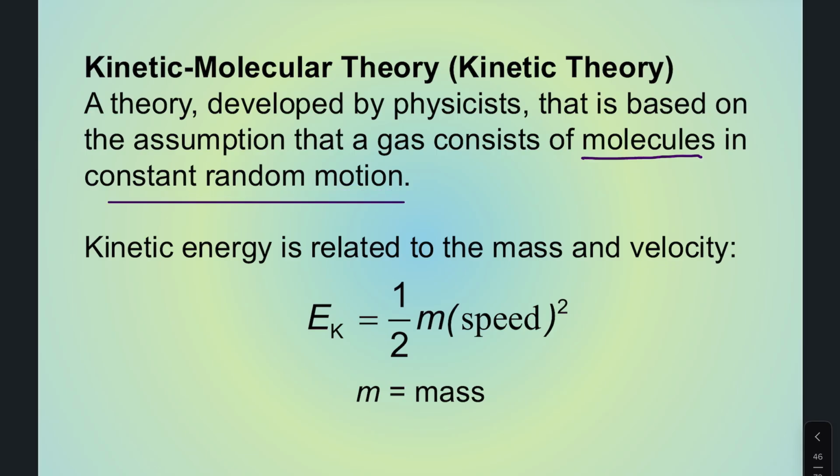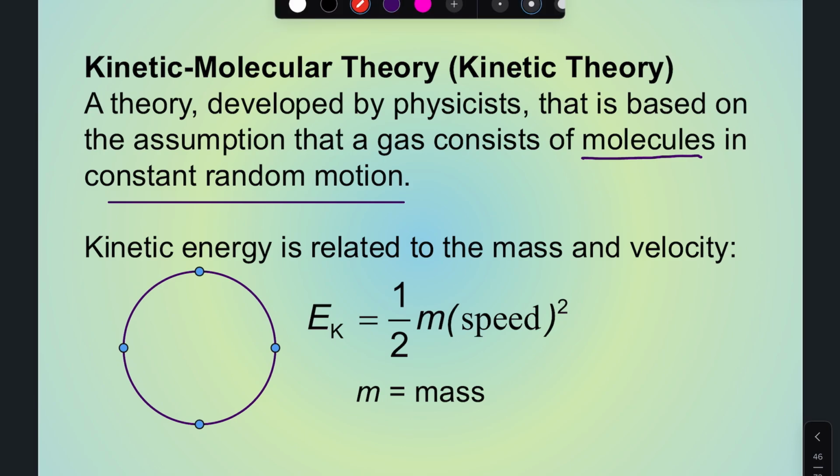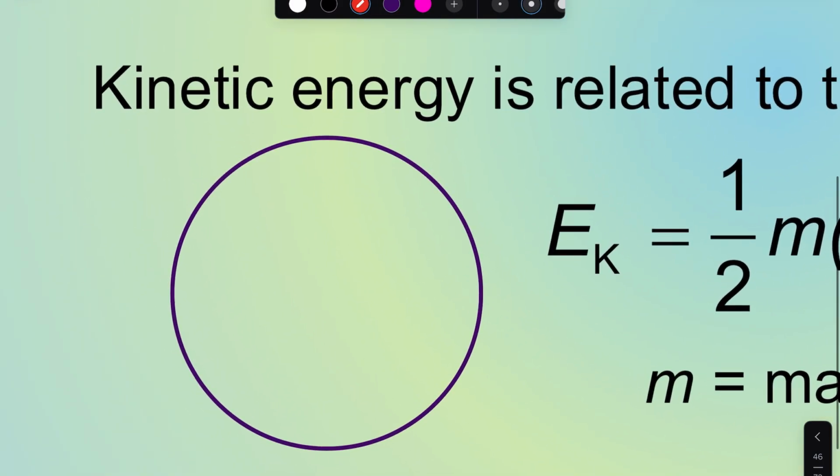So let's say that you have some sort of vessel, and we'll put some different atoms in there. I'll zoom in. When you have some atoms in a vessel of gas, then these atoms are going to be traveling at different speeds in random motion.